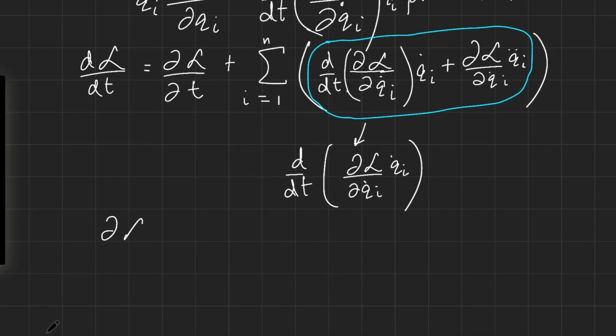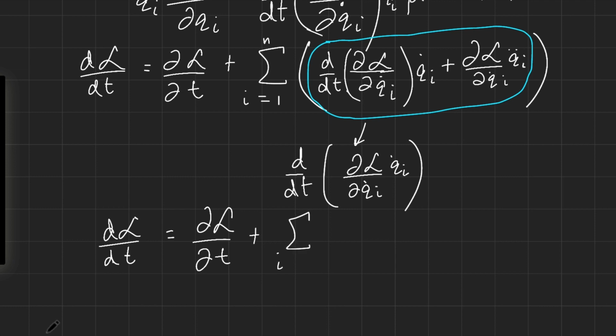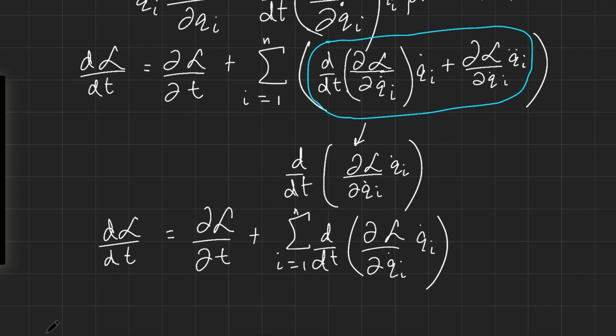We have that, sorry, that's not partial L, that's the full derivative of the Lagrangian. Full derivative is very different from the partial derivative. It equals the partial derivative of L with respect to t plus the sum from i equals 1 to n of the derivative of partial L over partial qi dot times qi dot.